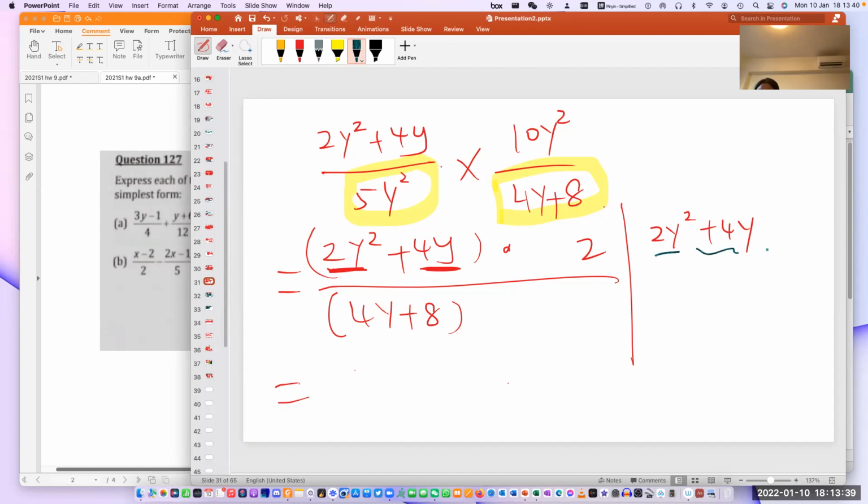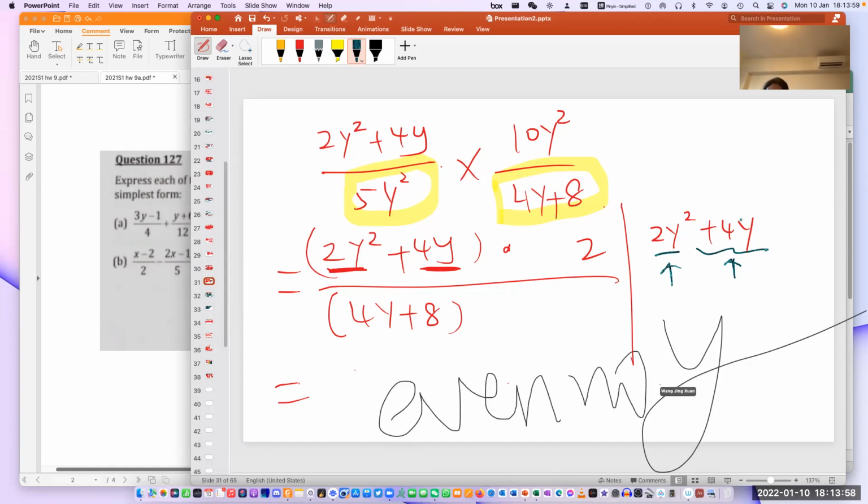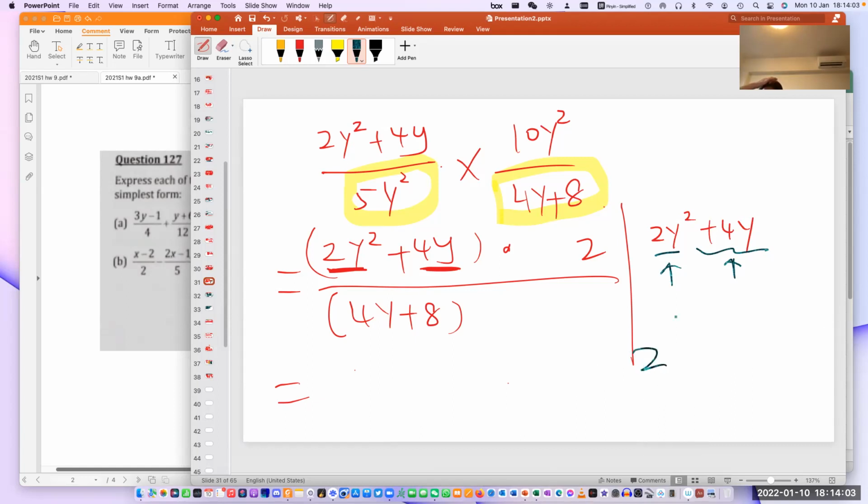This term, can I ask you what is common among 2y squared and 4y? Y is common, okay. Anything else? That means they both have a y. What else? Even number, which is a 2, right? So basically it's 2y. So 2y squared compared to 4y, you can see that they both have a 2.